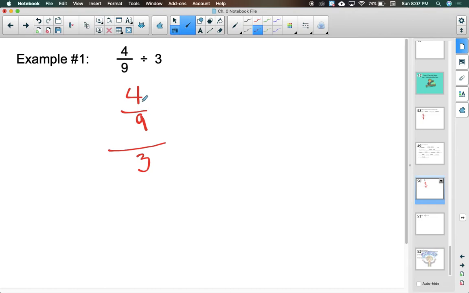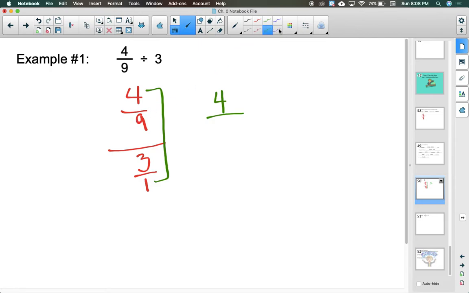The way this is written says 4/9 divided by 3, but remember our next note from the previous slide, we have to make sure both numbers are in fraction form. So this 3 has to become a 3/1 by writing that hidden 1. Now we are going to multiply the outers. The outers would be the top of the first fraction times the bottom of the second fraction. So 4 times 1 is 4, and my outers get written on the top of my answer fraction.